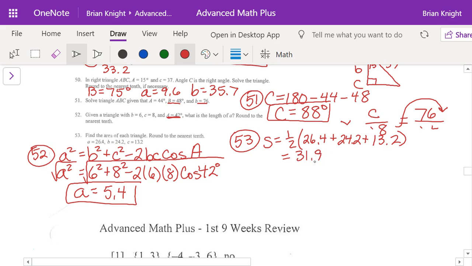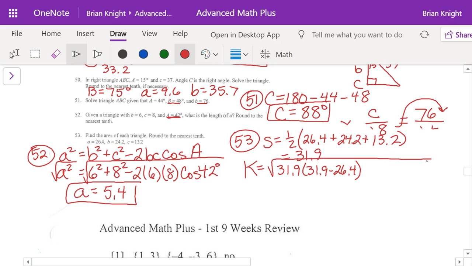31.9. All right. Then to find the area, it is the square root of s, 31.9, times s minus a. a was 26.4 times, I don't know, s minus, and now I messed up because I was talking. You messed me up.